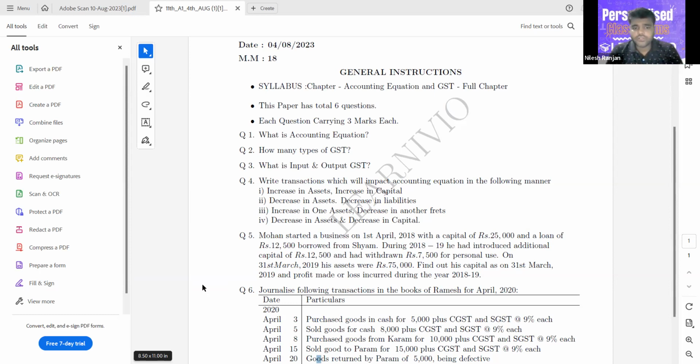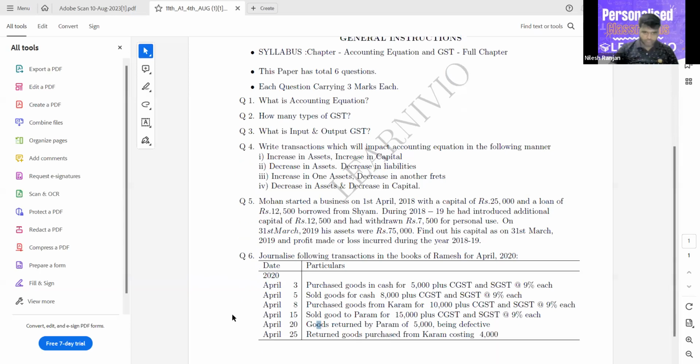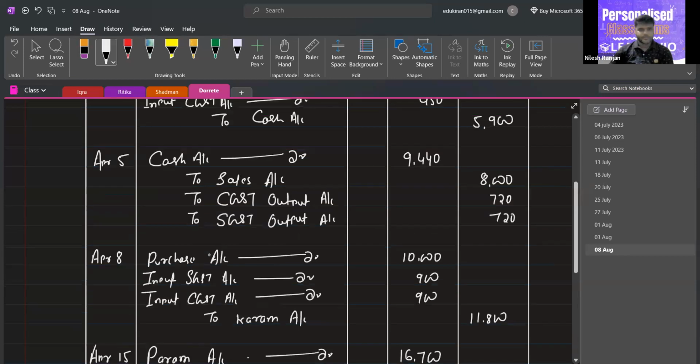Only the 6th question, last 3 transactions, you have not done. Yes, sir. The rest I have completed. Okay, then good. I have explained to you the last 3 transactions. So I think there is no doubt in this test paper. So can I copy it down? Yes.